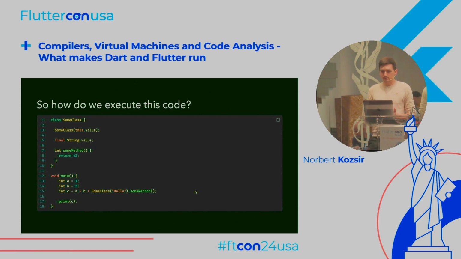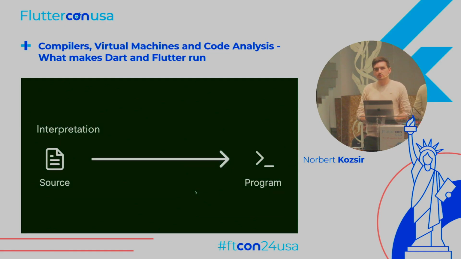For that, there's a bunch of different ways to go about it, but the first way is interpretation. Interpretation is a pretty simple idea where we take the program as some sort of string and we execute some code based on that string. So let's say we have our program and we have another program reading the string and executing commands on behalf of that.